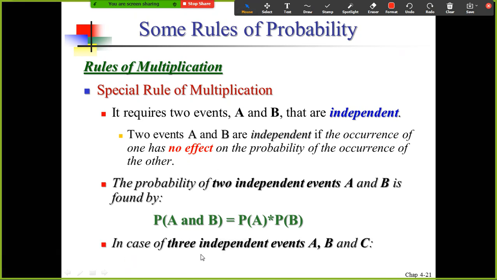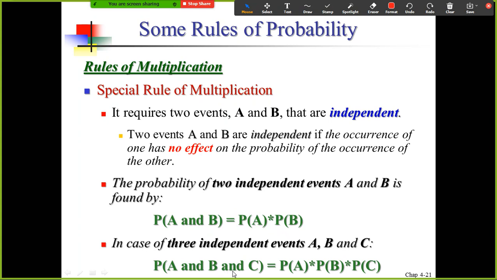In case we have three independent events A, B and C, the special rule of multiplication between the three events together is: the probability of A and B and C equals the probability of A multiplied by the probability of B multiplied by the probability of C. This is for two independent events A and B, the special rule of multiplication equals that one.